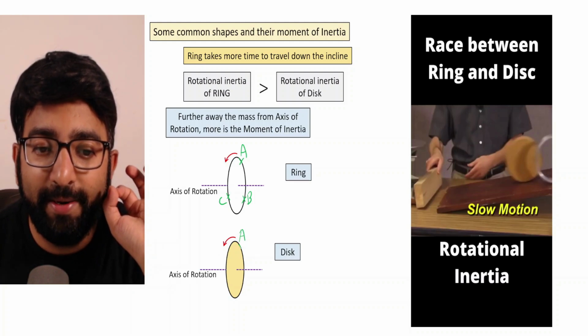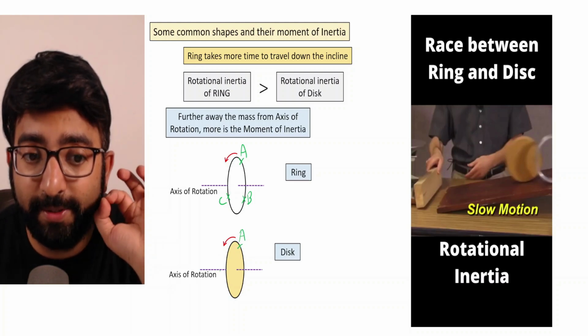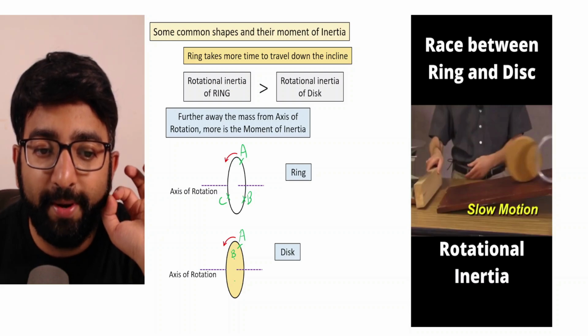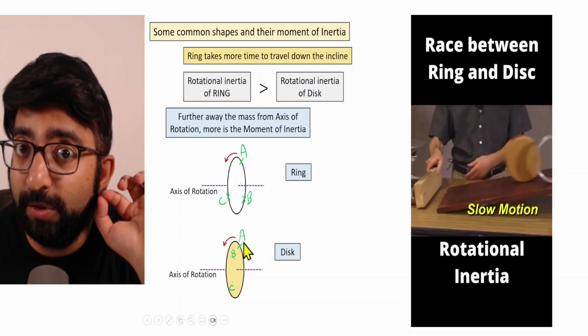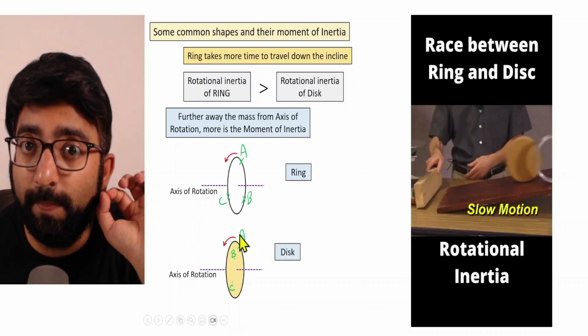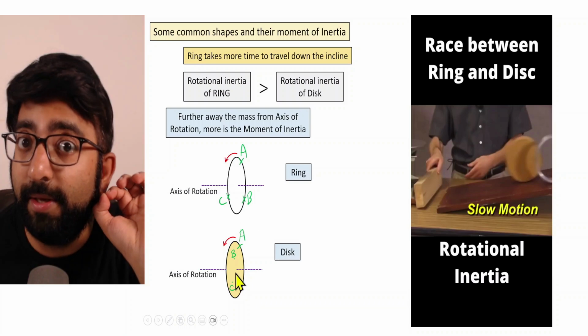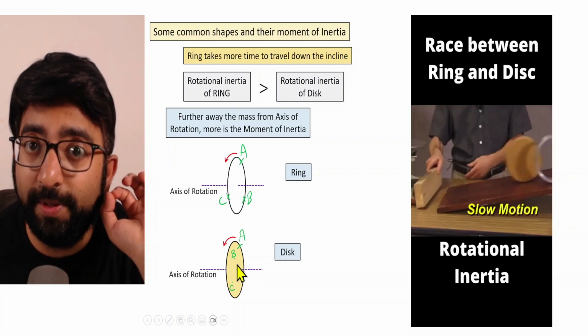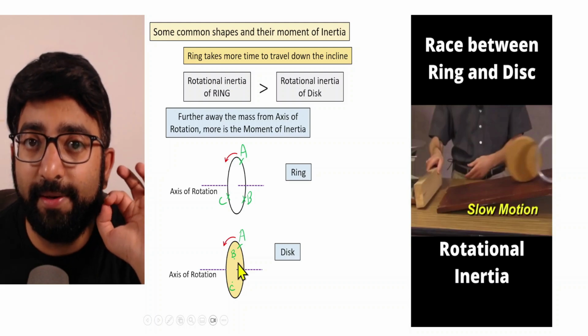So, for the disk, let's say one point is at the circumference, which is point A. Let's say point B is over here, and then we have a point C over here. For the point A, which is on the circumference, the distance of point A from the center is equal to the radius of the disk, but the distance of point B from the center is much lesser than the radius.